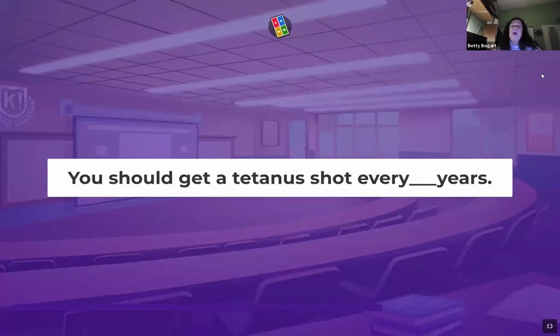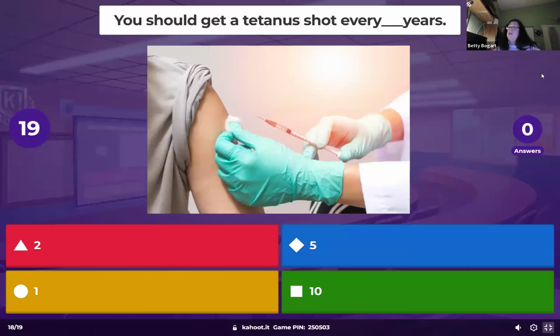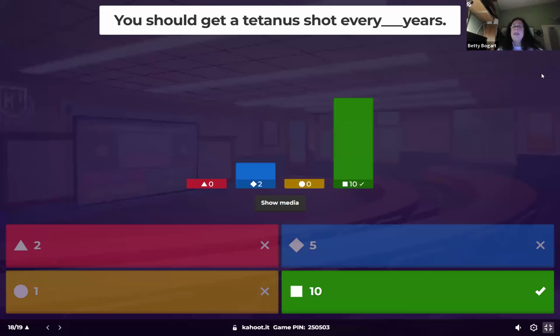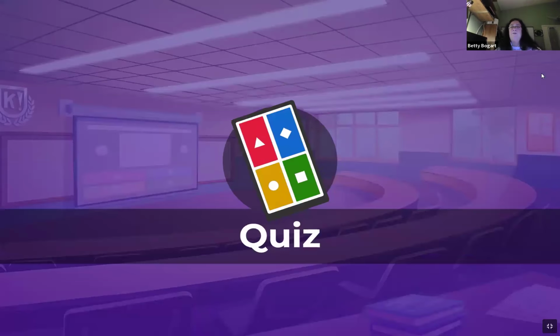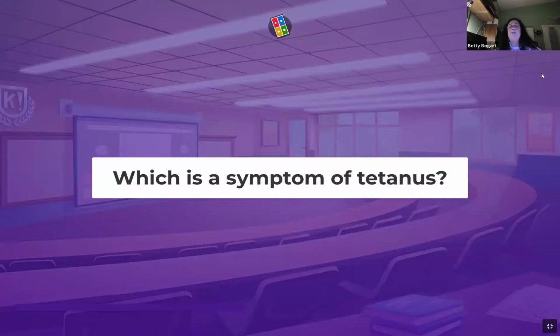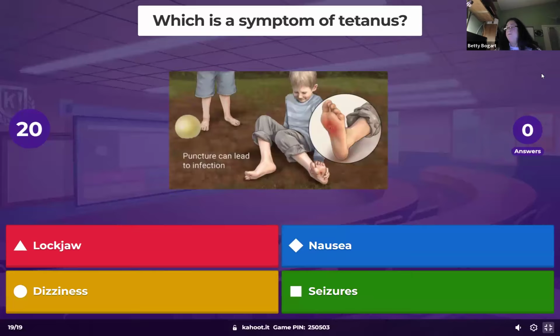You should get a tetanus shot every whatever years. How much? I remember it's now combined. I was like, oh, okay. And again, it's every 10 years. And last question, which is a symptom of tetanus?